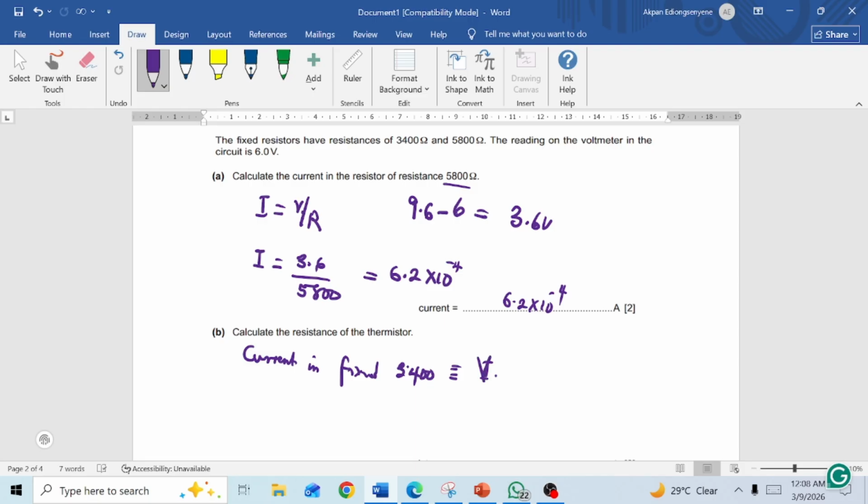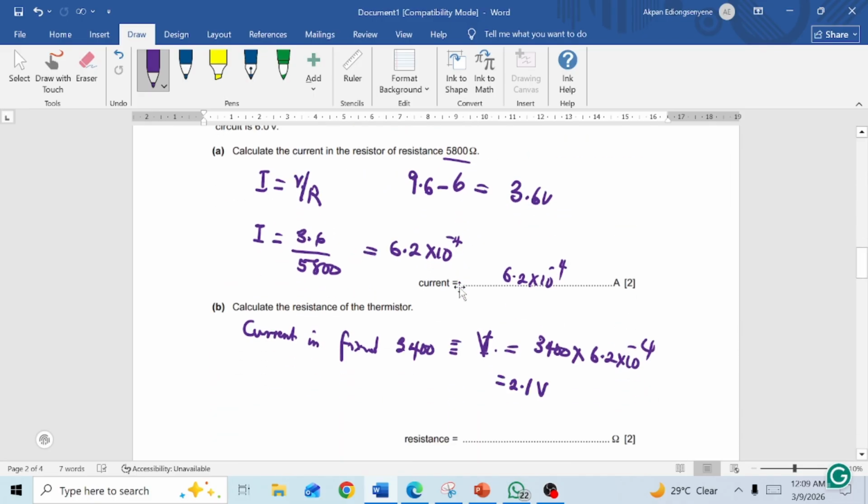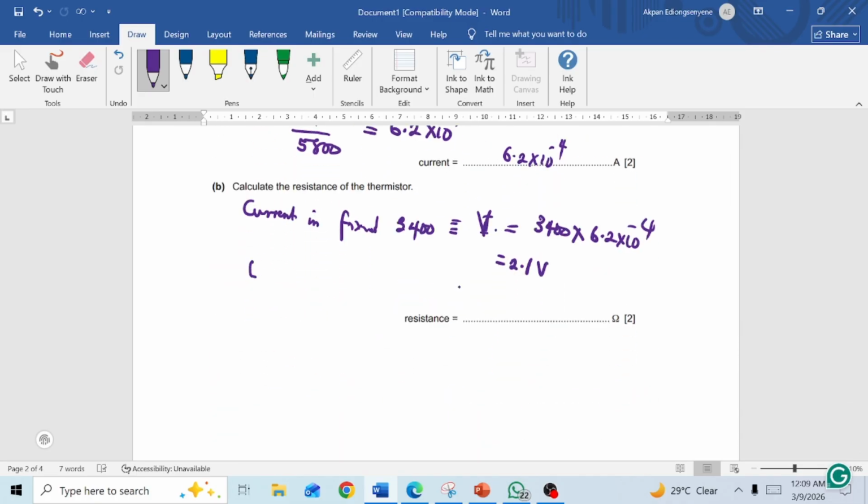So V will be the same thing as 3400 times 6.2 times 10 raised to the power of minus 4. We get 2.1 volts. For thermistor, it means that 6 minus 2.1 will be the voltage, and that will give us 3.9 volts.